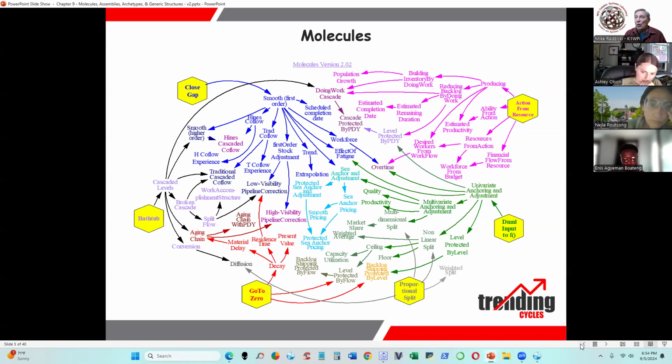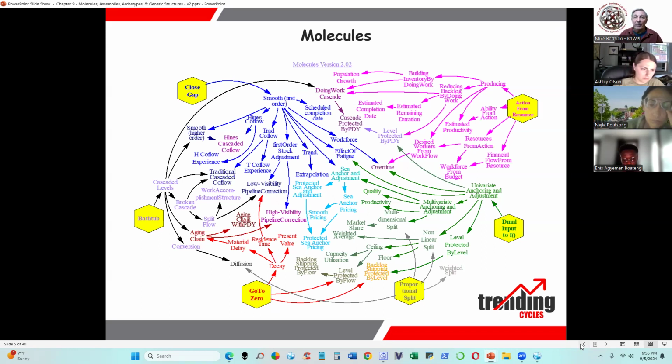Other people have their own. There are people doing system dynamics with R. There are people doing system dynamics with Python. There are dudes running around doing it in Excel. But the two biggies are Vensim and Stella, right? Vensim calls them molecules, and this is a screenshot.